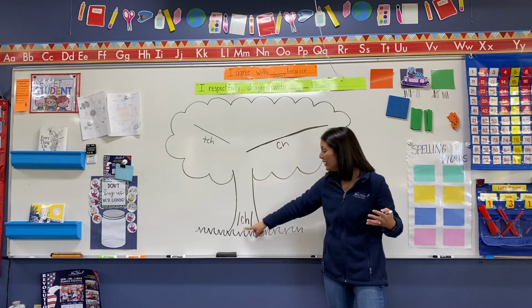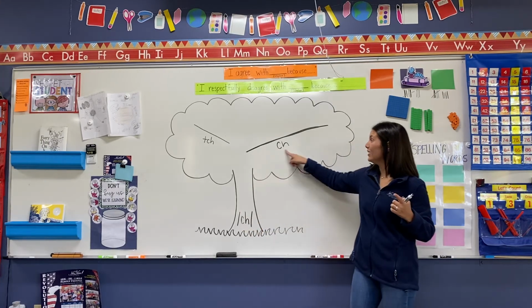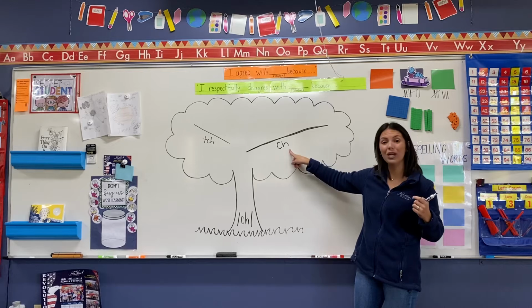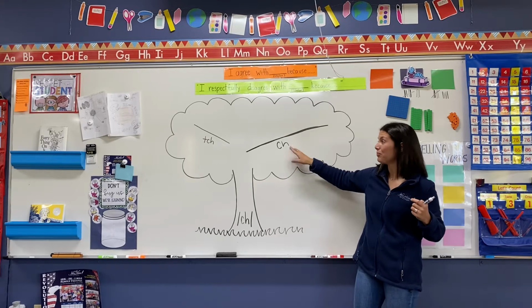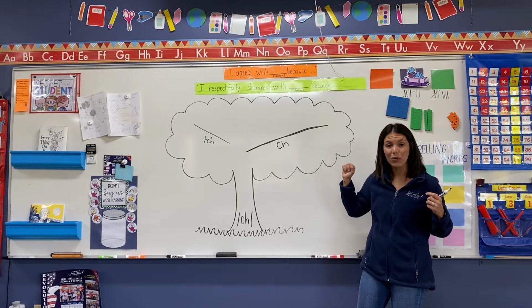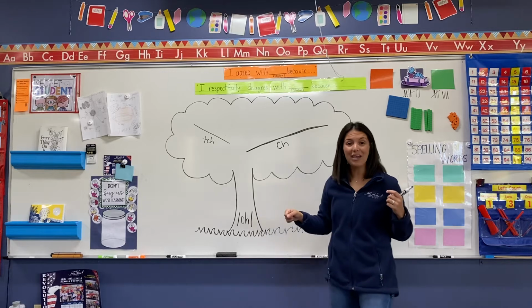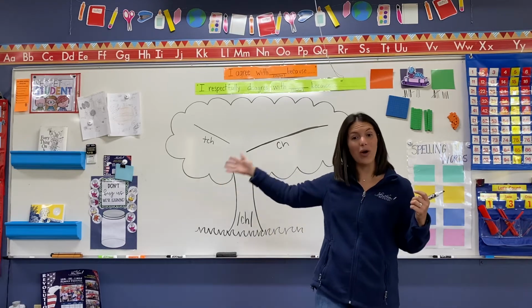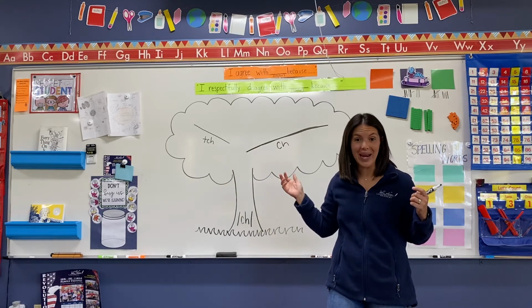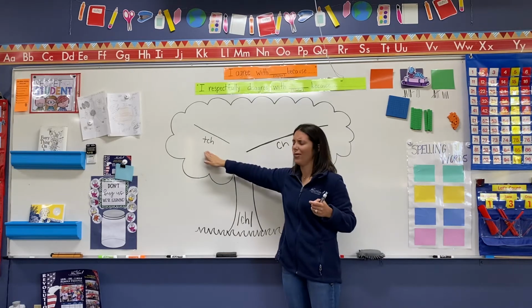So when we hear the sound ch, you can see here that the CH branch is longer. So this is going to be the most common way that we spell the sound ch. Today I'm here to tell you when we use one or the other. Are you ready? Okay.